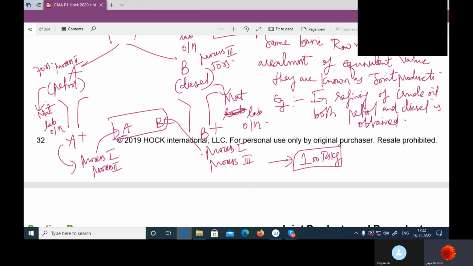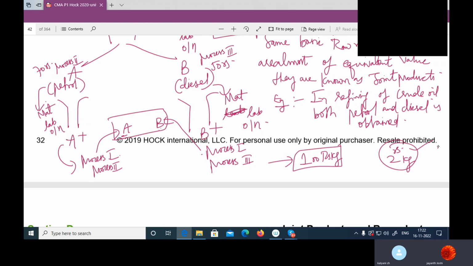We are not putting special machinery or special efforts for that. It itself is coming out. I'll be selling it for 2 rupees per kg. It's negligible, actually, but still it matters, isn't it? That is called a byproduct.